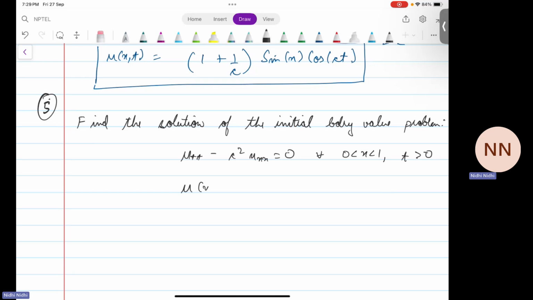We are given that u(x,0) is equal to some function of x. Also u_t at (x,0), so at time t equals 0, nothing is at rest.